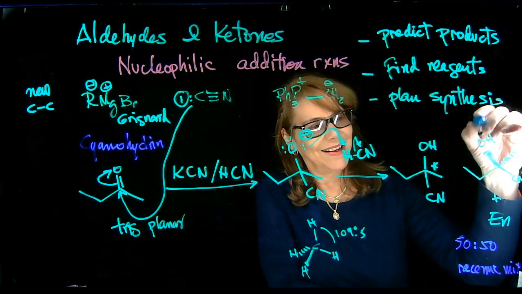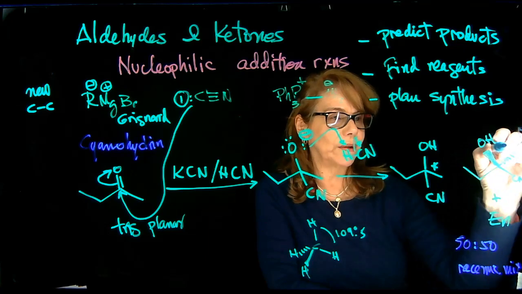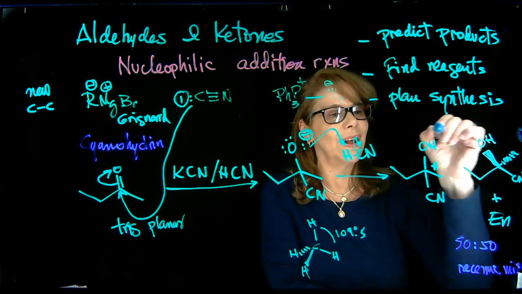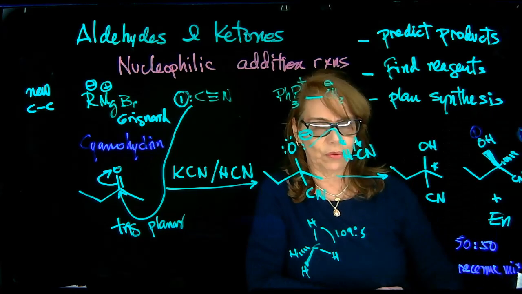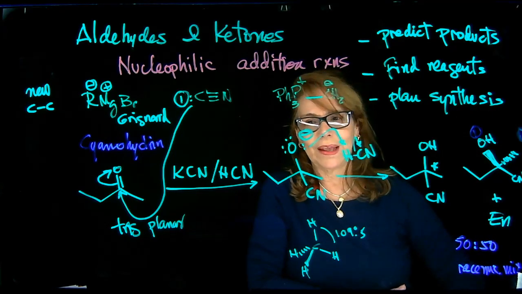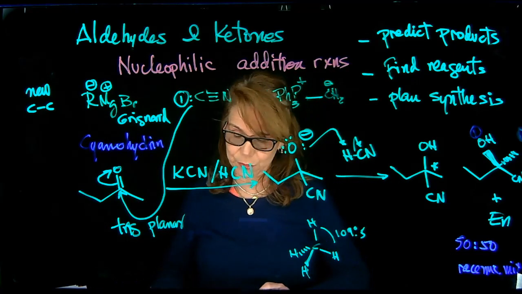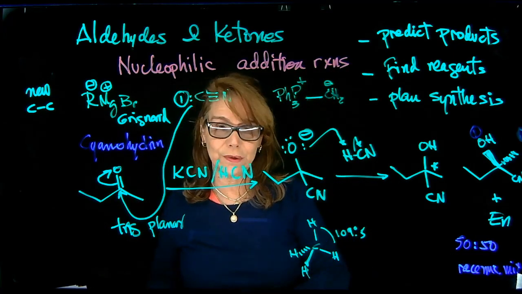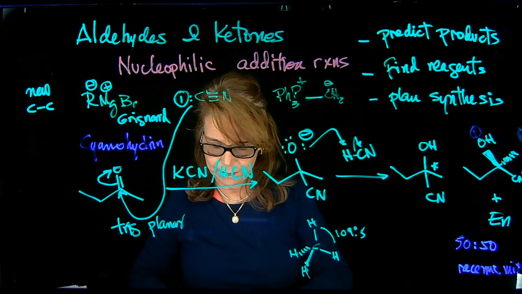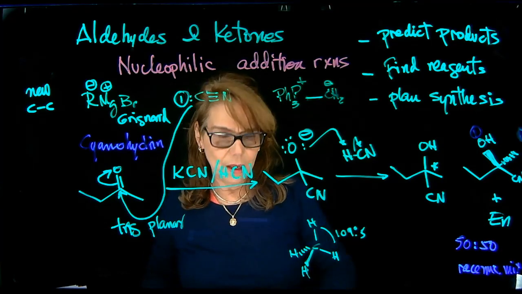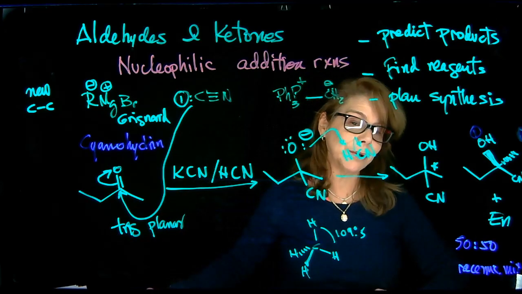Now assigning configuration of this cyanohydrin. Notice here, that's a methyl, so carbon, carbon, carbon. My highest priority is the OH. Now for the other carbons, in the first instance, we have three carbon atoms, and so we need to break the tie.